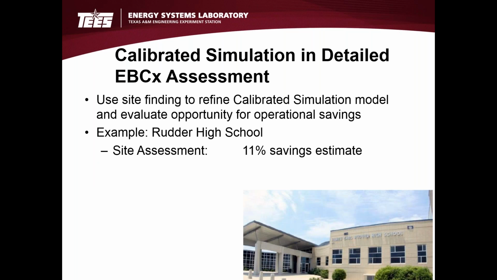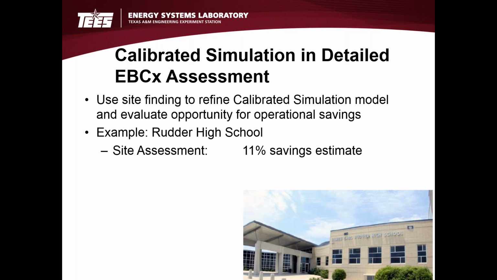So now I'm going to simply move on and more or less state the kind of results that we got. In one of the schools that we looked at, this was one where the opportunity assessor was saying there was the potential for about 16% savings.